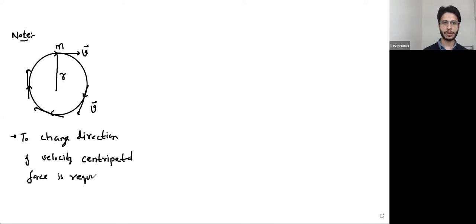So this centripetal force is a requirement for the direction of velocity on a circular path. Some external force will fulfill this requirement.